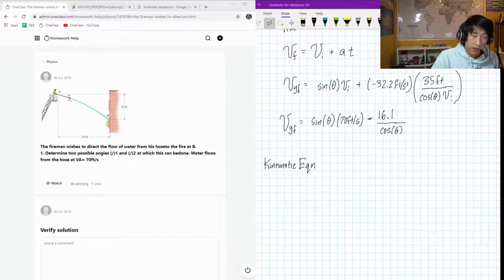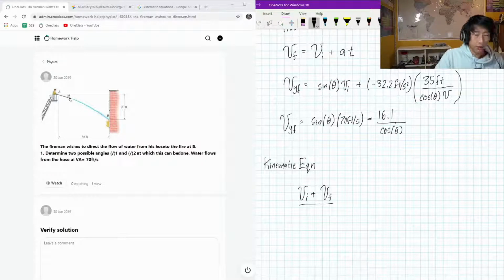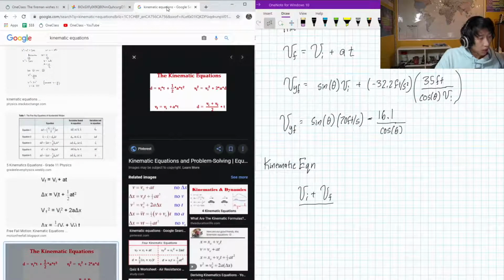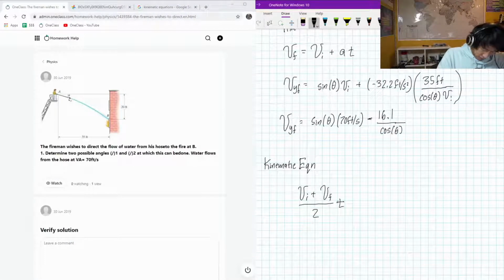Another kinematic equation that we should keep in mind is that the sum of the velocities, the initial plus the final velocity, all divided by 2, times time is equal to the distance.